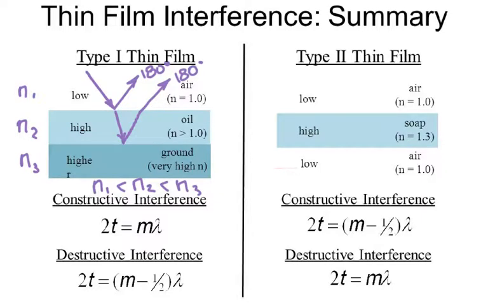But what happens all depends on this distance. If a full wavelength of light comes out 180 degree shifted, then you will have, like in this picture, constructive interference.